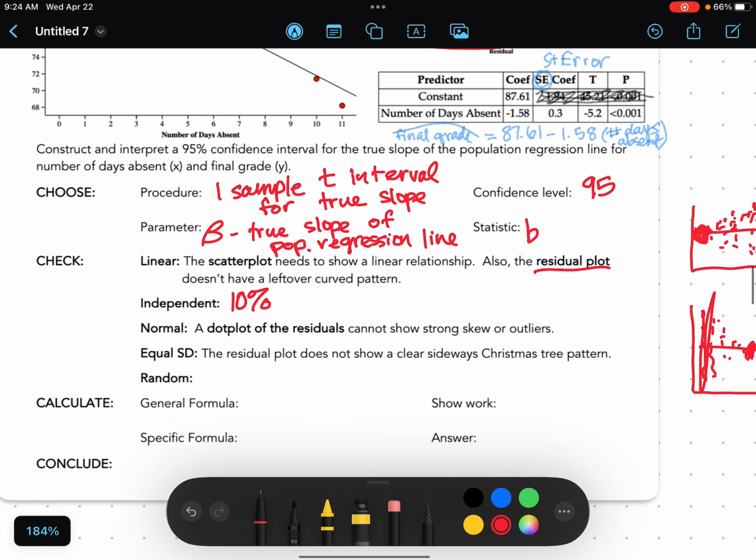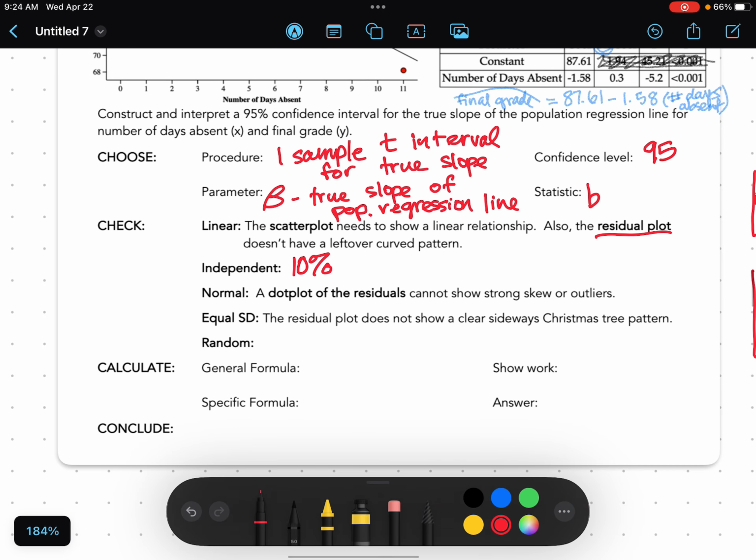So rather than say the residual plot cannot show this, I would say it shows consistent spread. That's really what we're looking for. Oh wait, I'm editing the wrong thing.